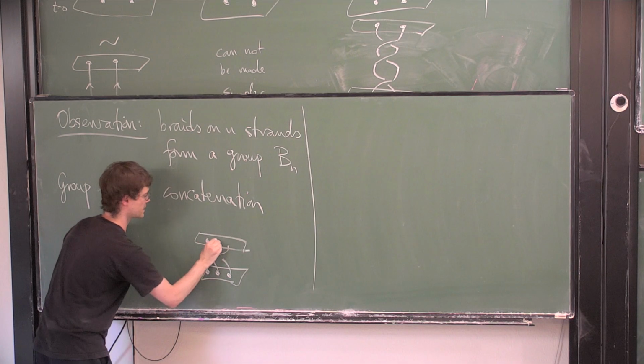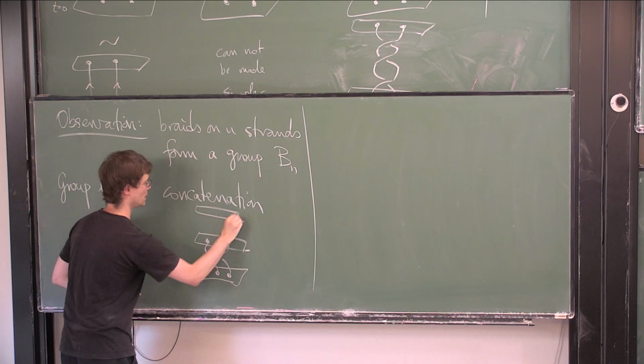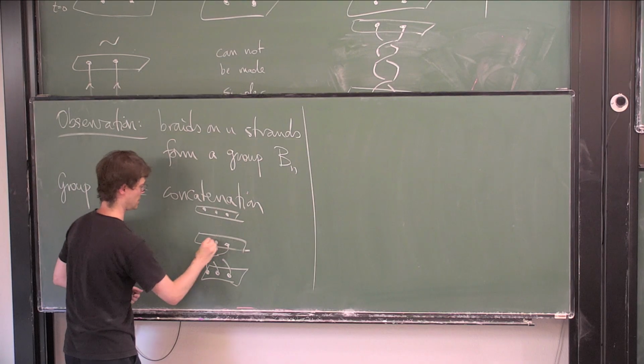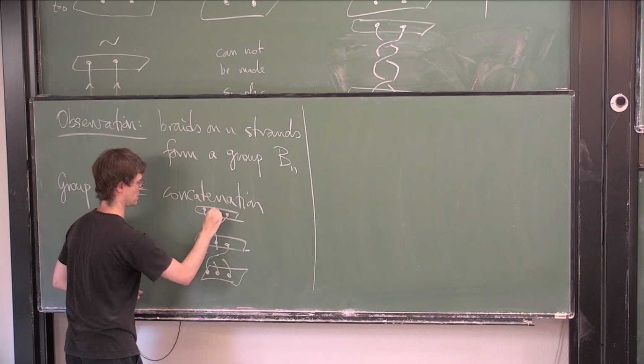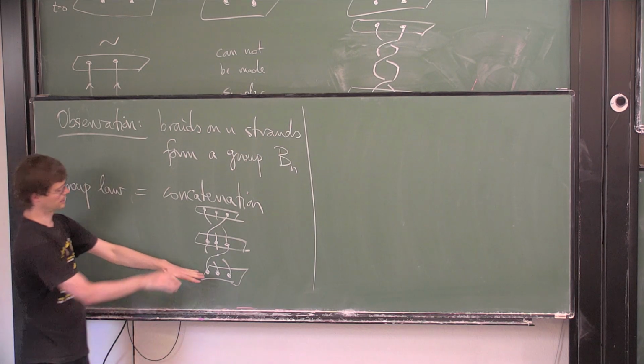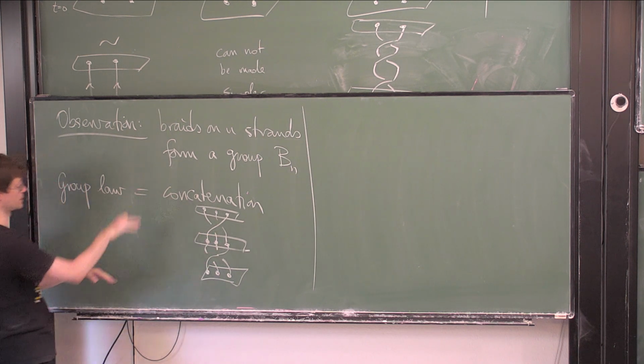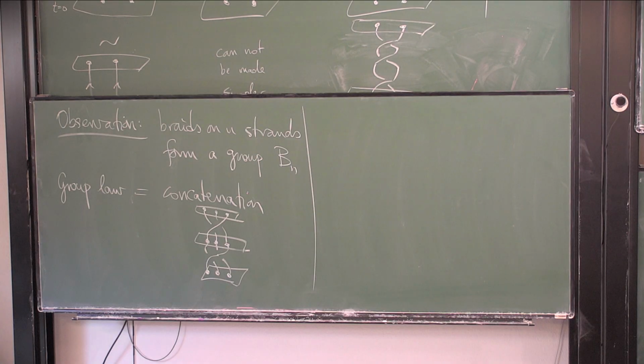It's exactly this TQFT idea: you take a braid and a middle slice somewhere, and it decomposes your object. Since the final state and the initial state coincide, you can just put one braid after the other. So we have a group law.